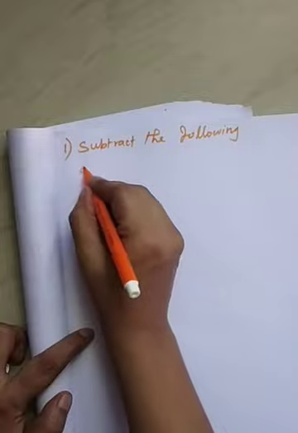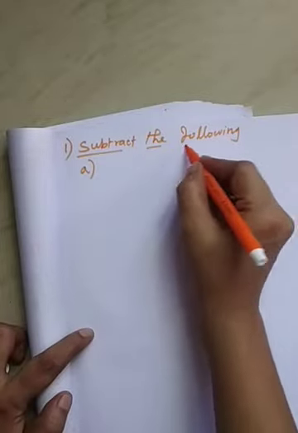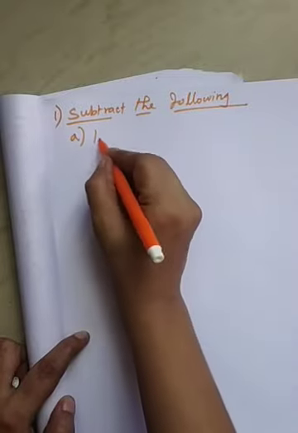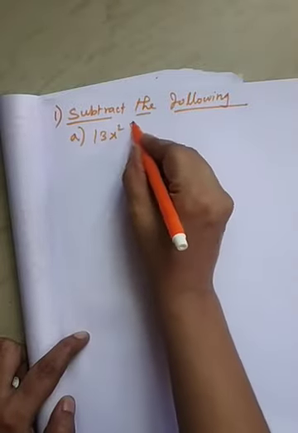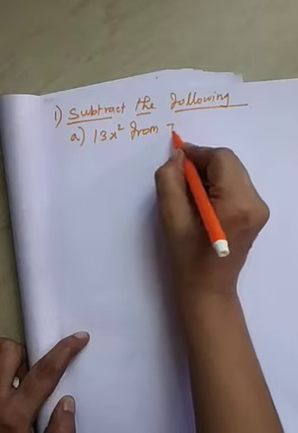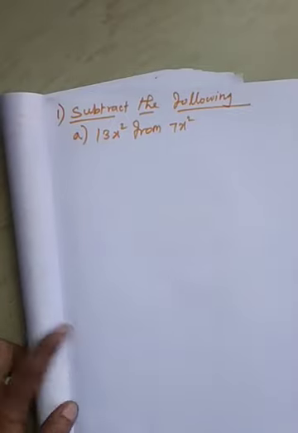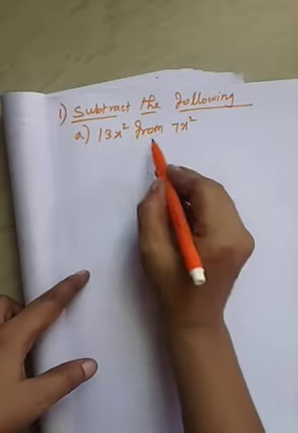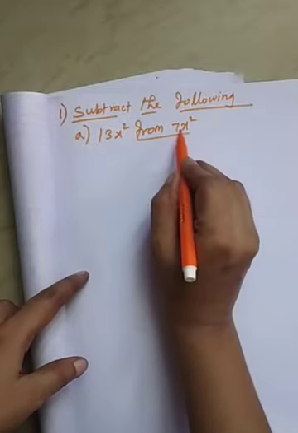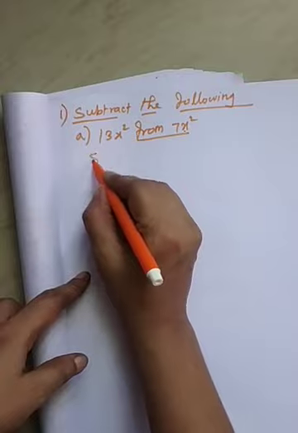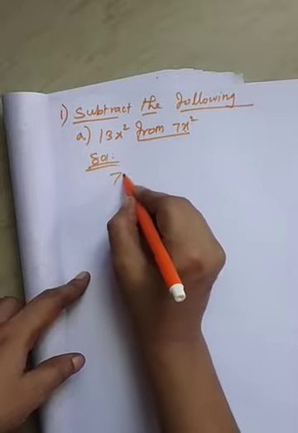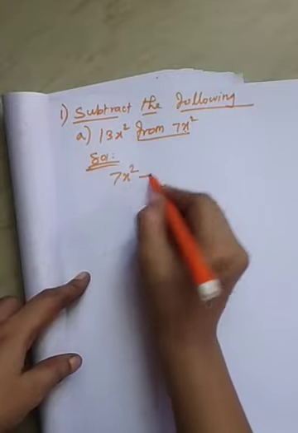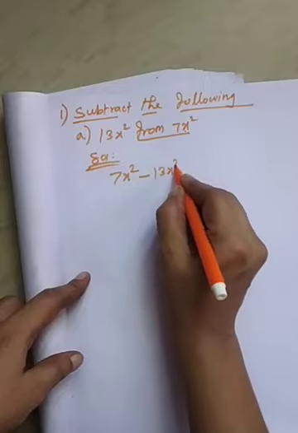The first one, 13x squared from 7x squared. Okay, 13x squared from 7x squared means from 7x squared. So first of all you can write 7x squared, put the minus symbol, 13x squared.